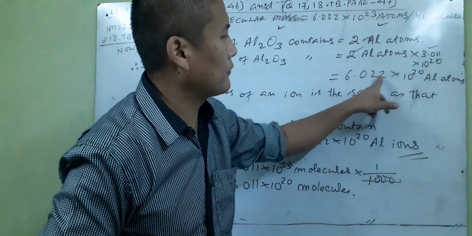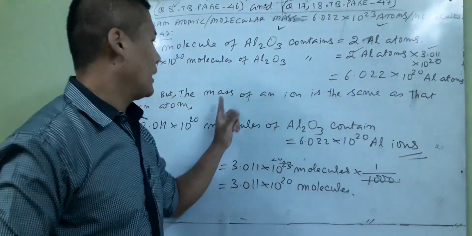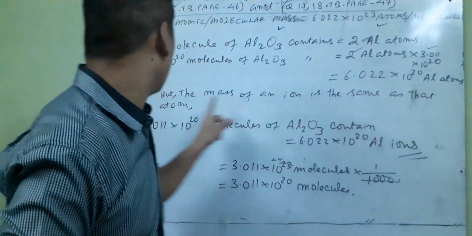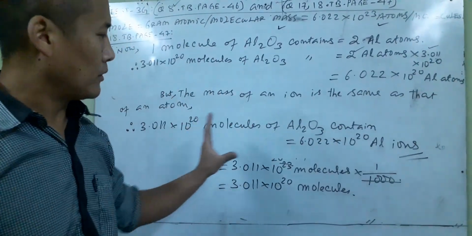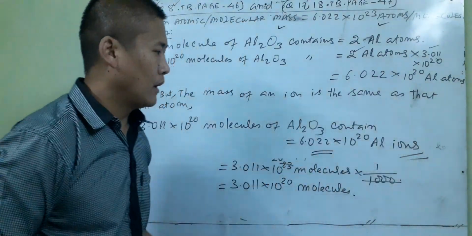So whatever you calculate for atoms, that number will also be true for the ions, because they are same in mass, same as that of an atom, their mass are same. So this is the final way of writing, we should write ions like that.